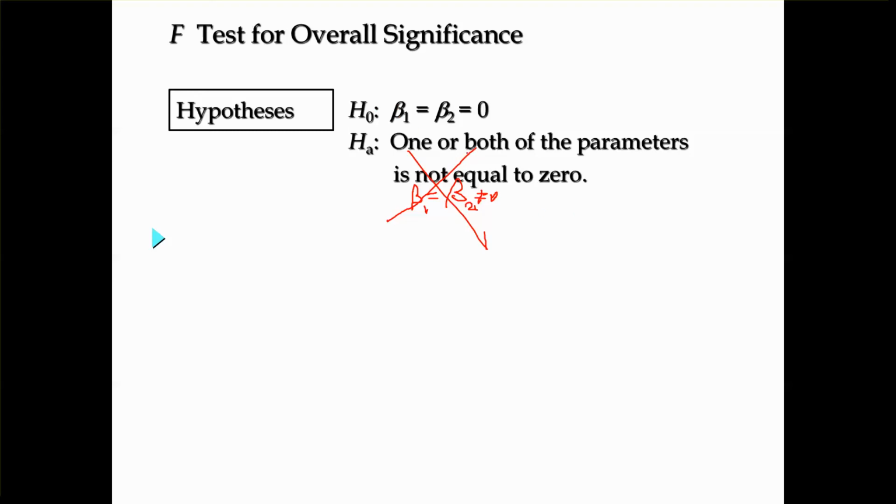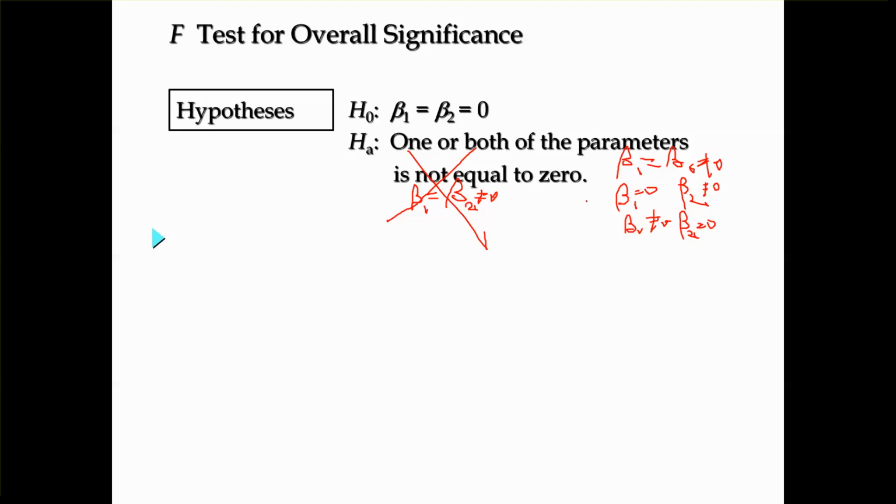The real complement event for the H null is beta 1 equal to 0 but beta 2 not equal to 0, or beta 1 not equal to 0 but beta 2 equal to 0, or both not equal to 0.